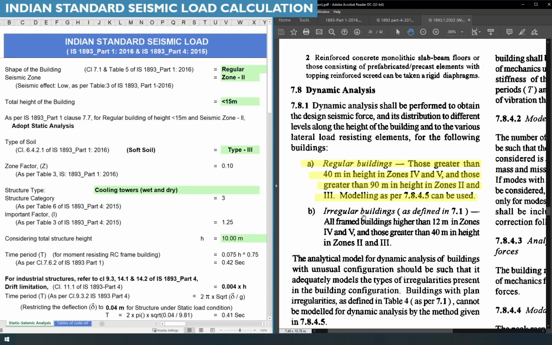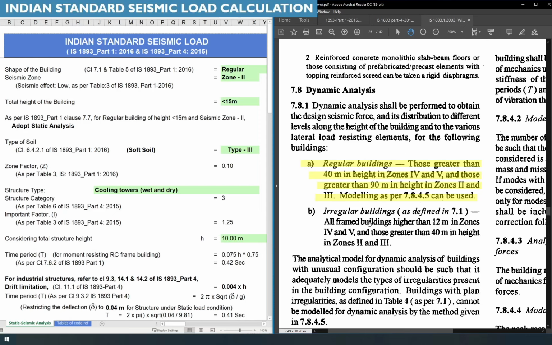Similarly, for an irregular building, all framed buildings which are less than or equal to 12 meter in zones 4 and 5, and less than or up to 40 meter in height in zones 2 and 3, we can go for the static method.